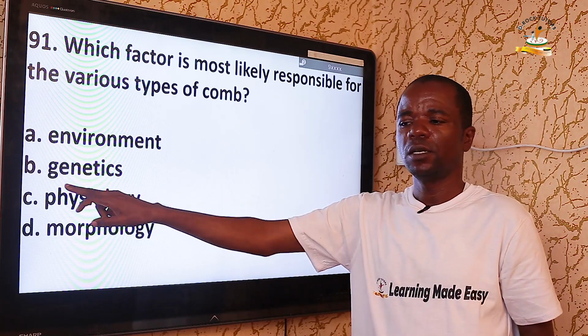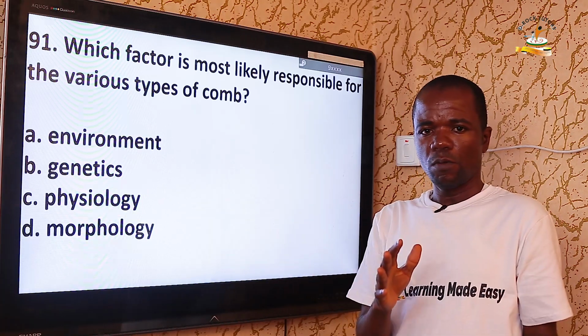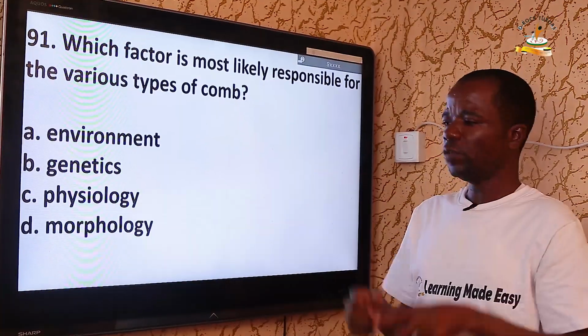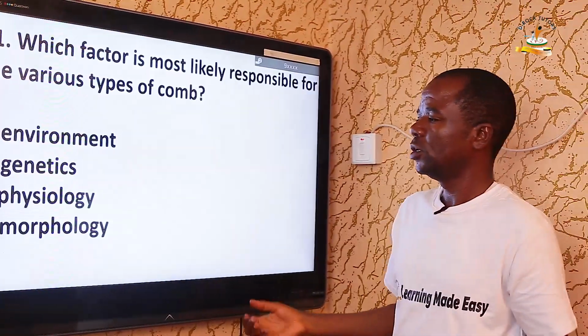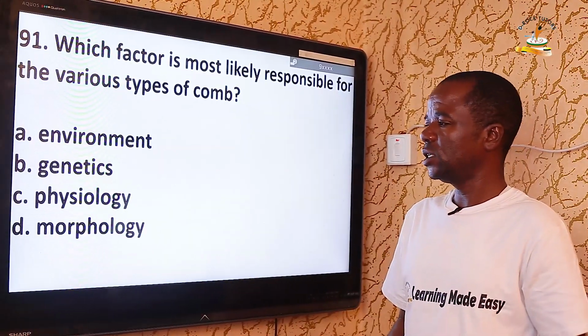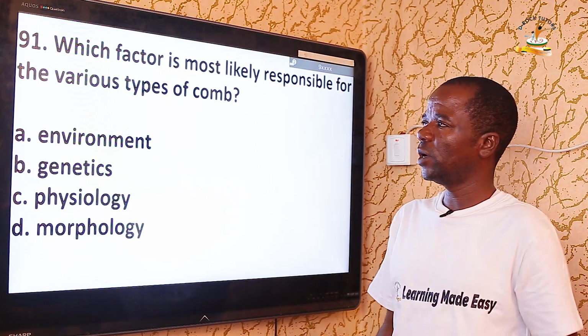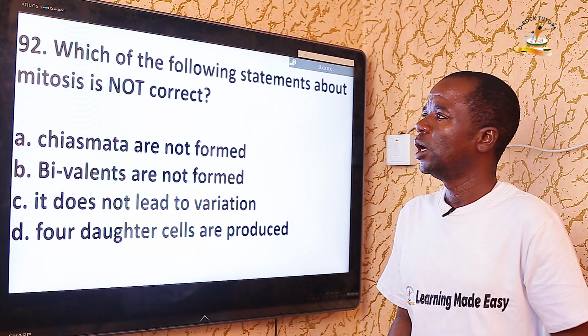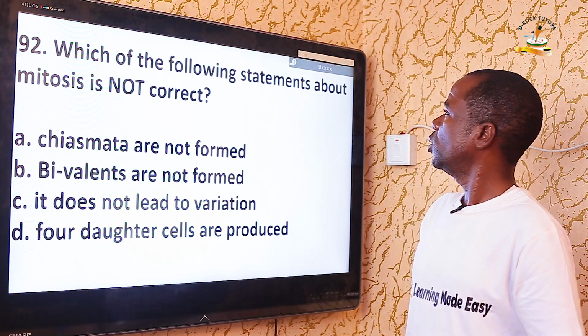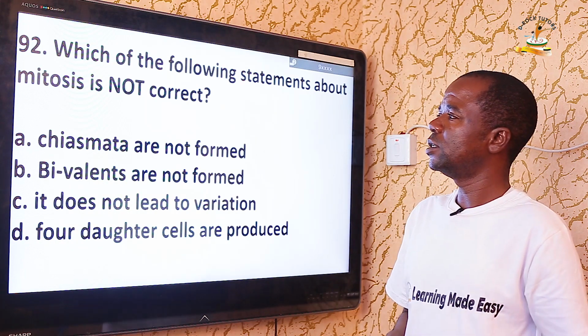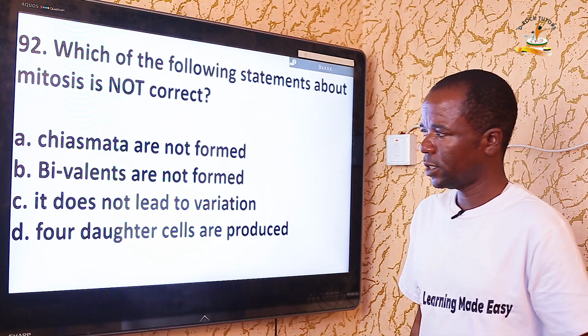That is genetics. That is, if different fowls with different combs are mated together, that is talking about genetics, the genes derived from them. Genetics, that's the correct answer here. Number 91 is B.